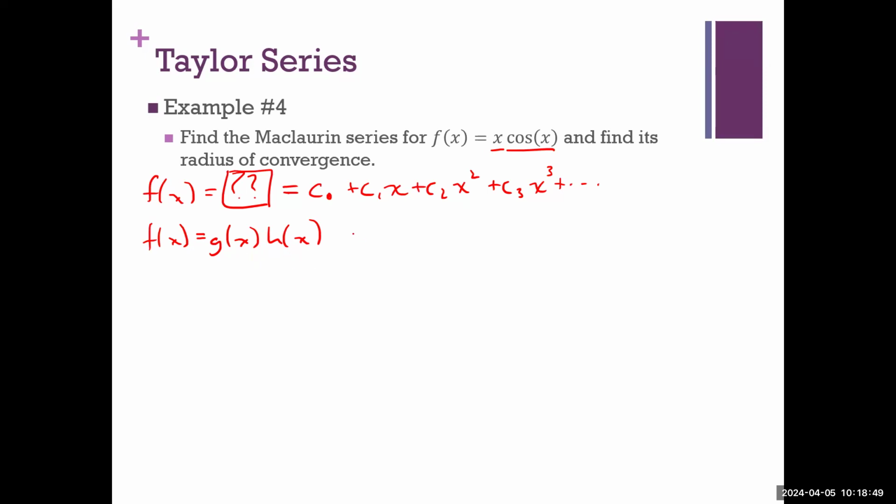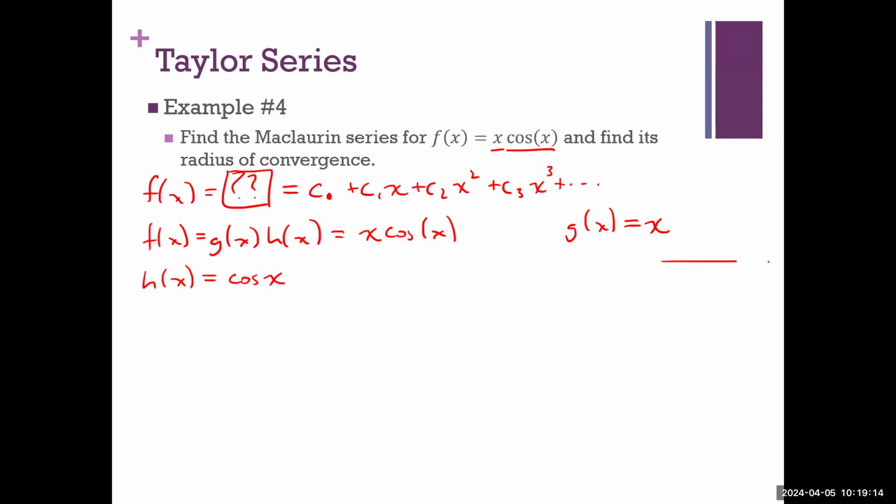Okay, that's what we're going to do. So in our case, g of x is x, and h of x is going to be cosine of x. G of x already looks the way we want it to. It already looks like a polynomial. So because of that, let's just turn h of x into a power series.